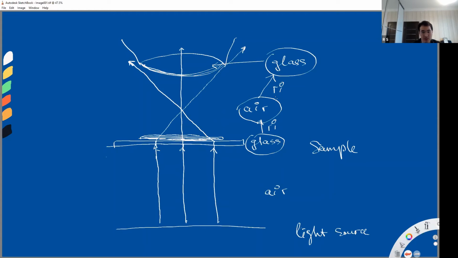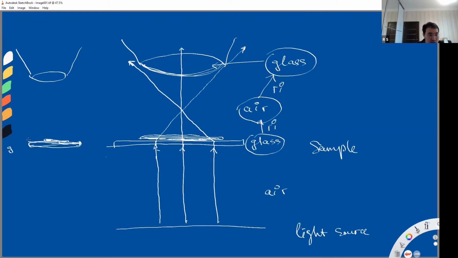So just imagine. So let's say this is the sample with the glass. So it's glass. And here we have the objective.